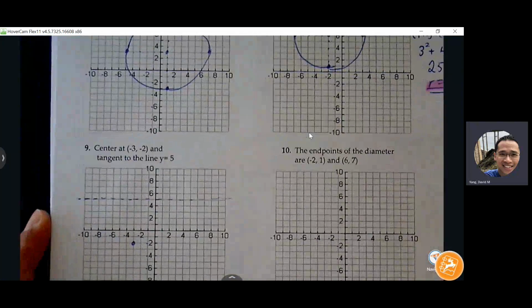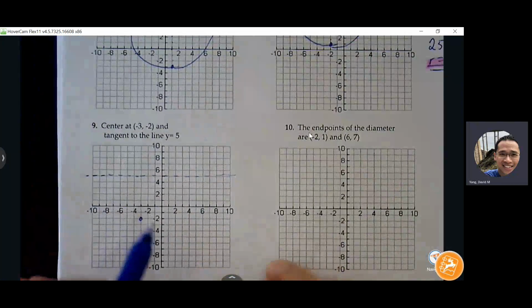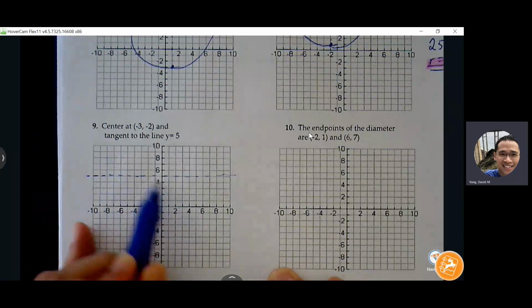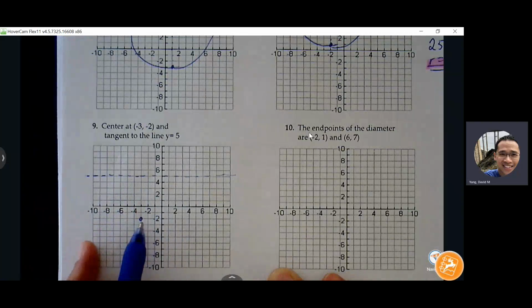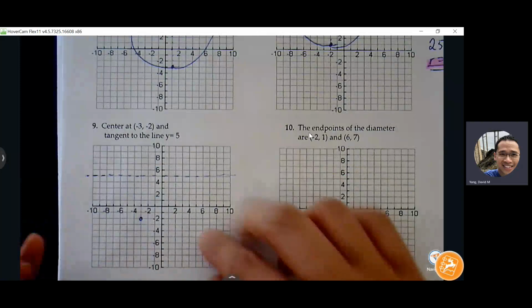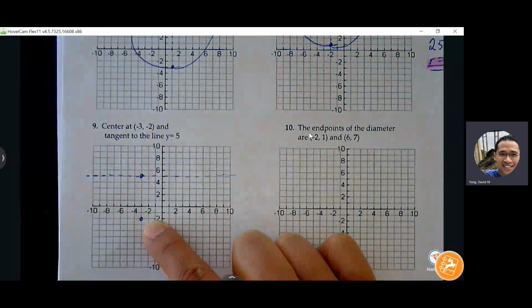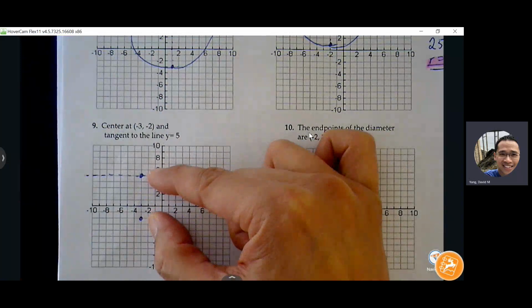So what this is telling us is that if it's tangent, that means this circle is going to skim the surface of that dotted line. And so if I know that, then I kind of know what value. Yeah, that's my radius, exactly. So I know that if it's going to touch that line, that distance is going to be my radius.